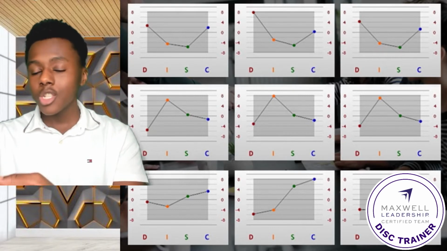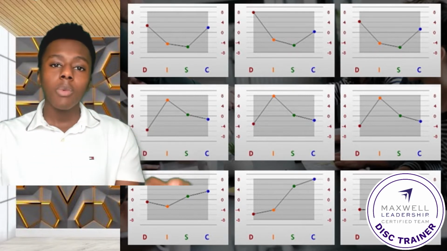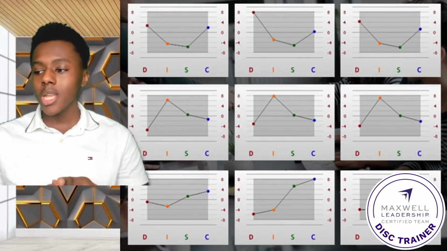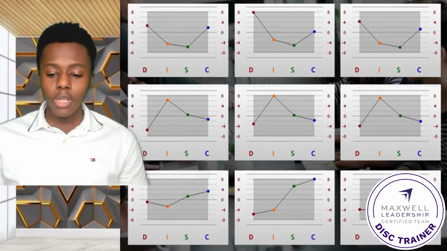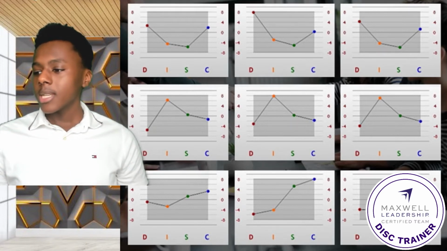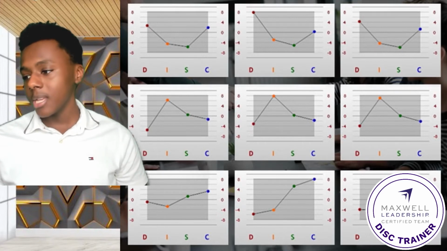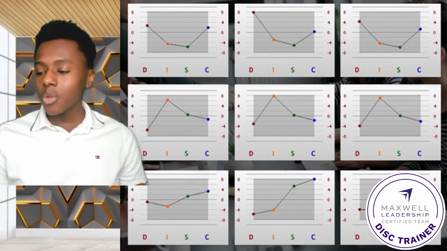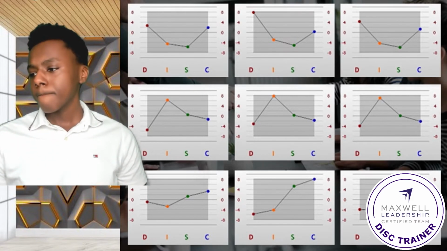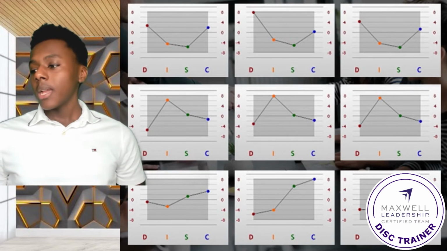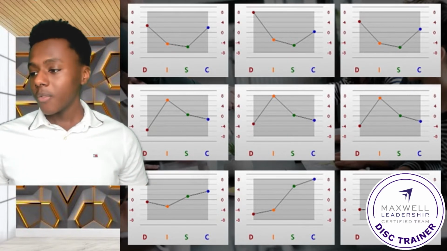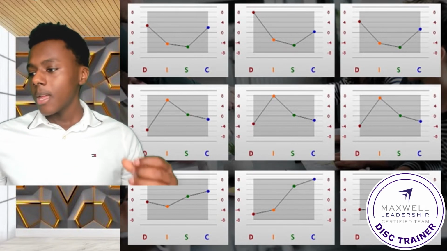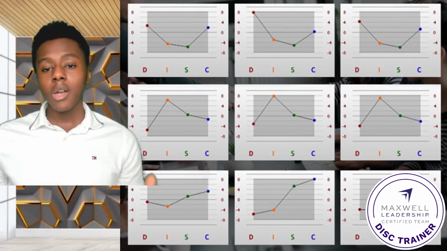Since Jane is a DC, she is able to make calculated choices because she has the C and the D. Jacob has a high I and a high S, which means you can infer that he is a people person based on his two biggest strengths. For his public self, his D is also low, and his I and S are still up there.